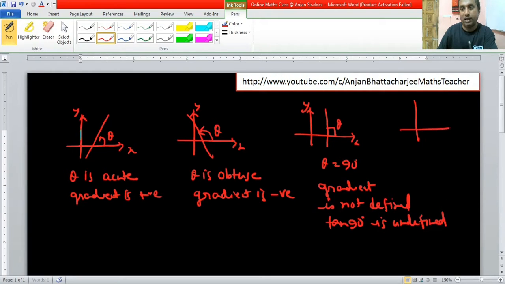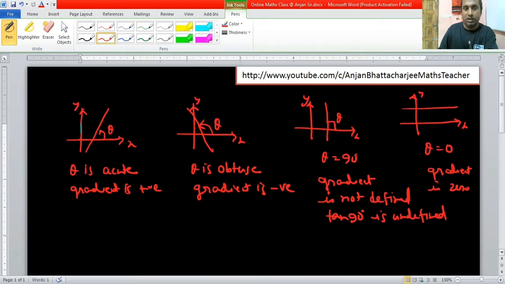And parallel to x-axis, theta equals to 0. So gradient is 0. Okay.